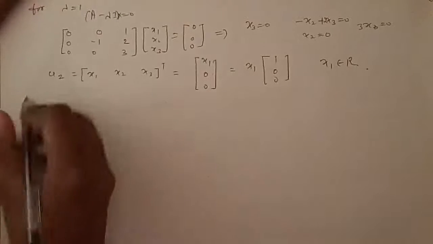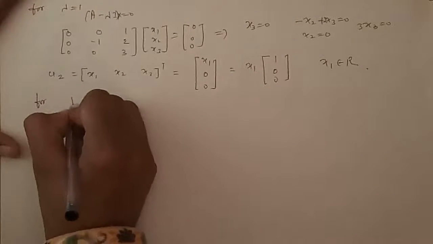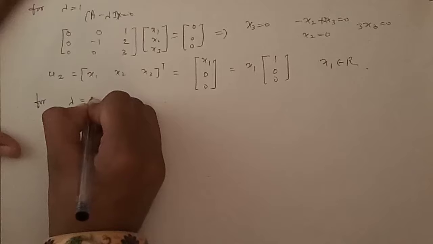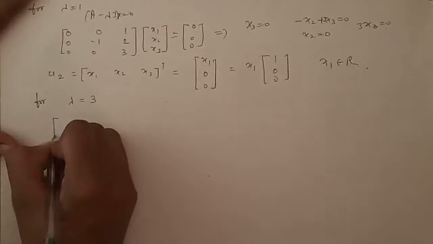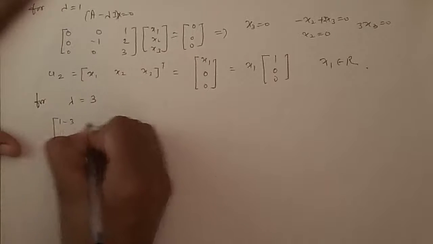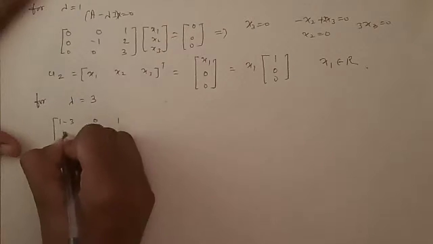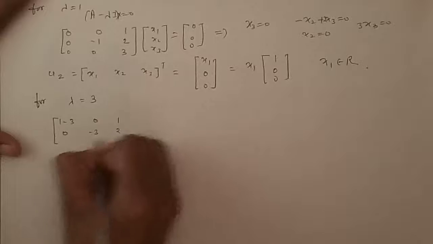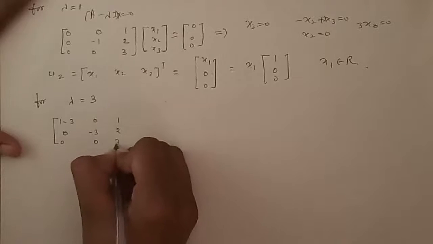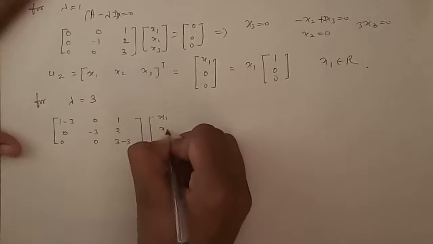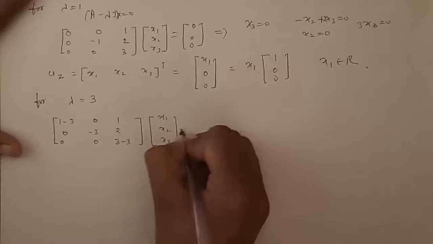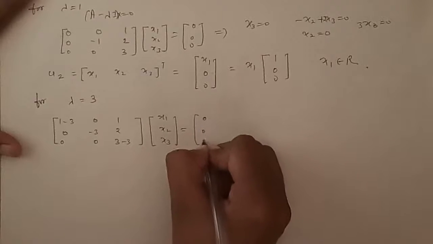Now for u3, for lambda is equal to 3. So we have 1 minus 3, 0 1, 0 0 minus 3, 2, 0 0 3 minus 3, x1 x2 x3 is equal to 0 0 0.